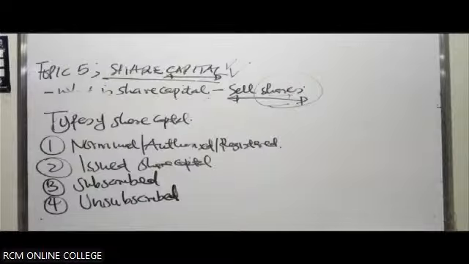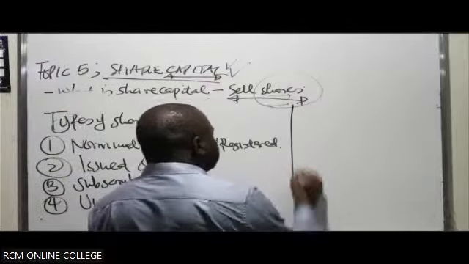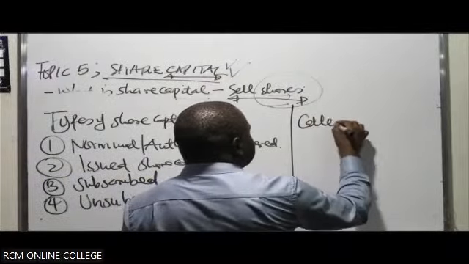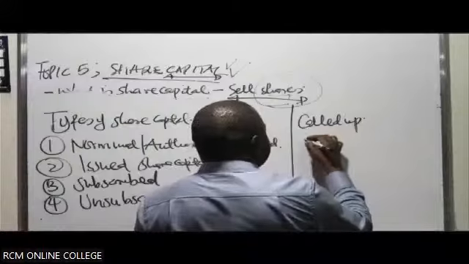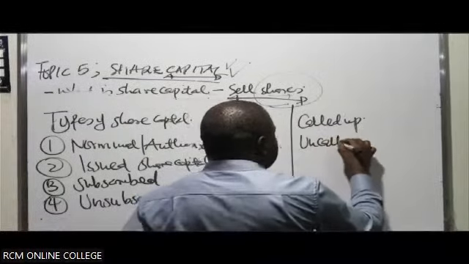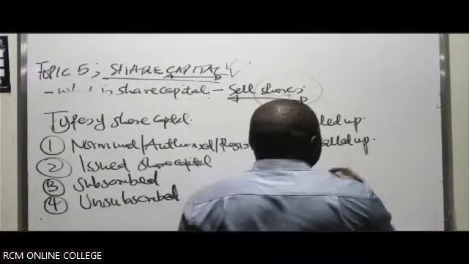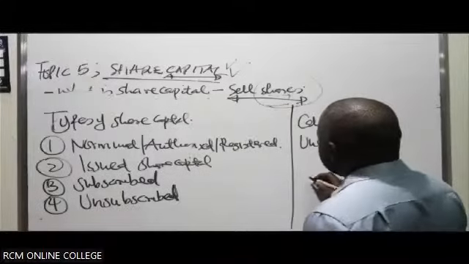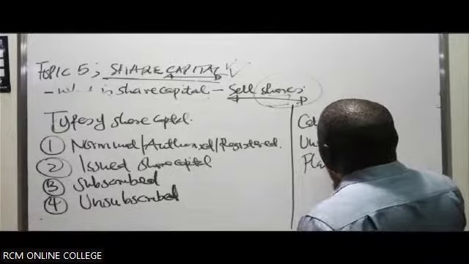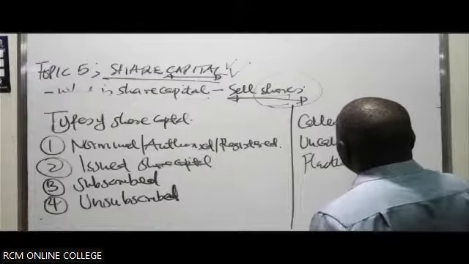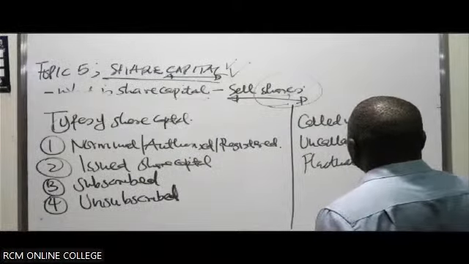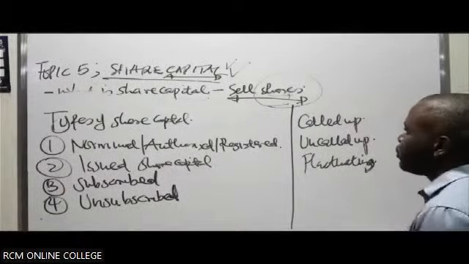We can have called up share capital, and uncalled up share capital. We can have fluctuating capital. So these are some of the types we can have.